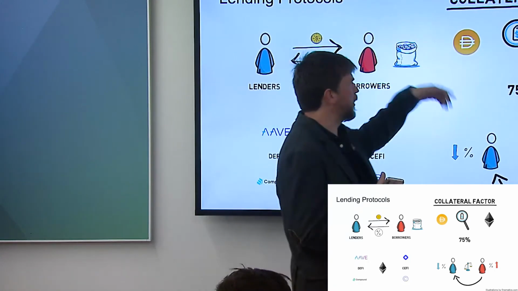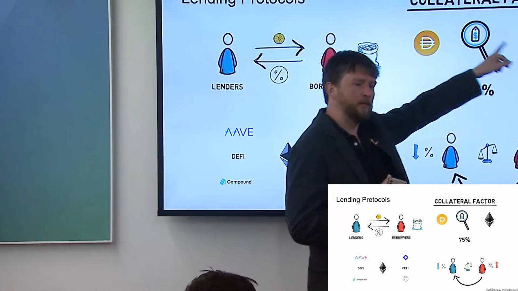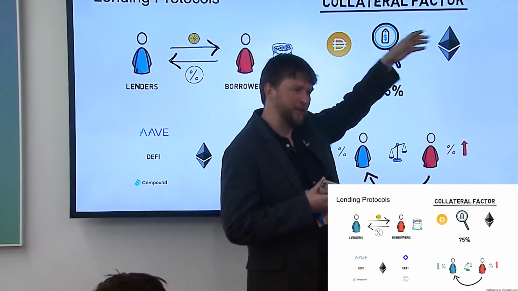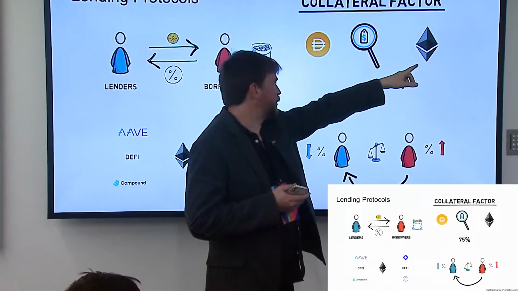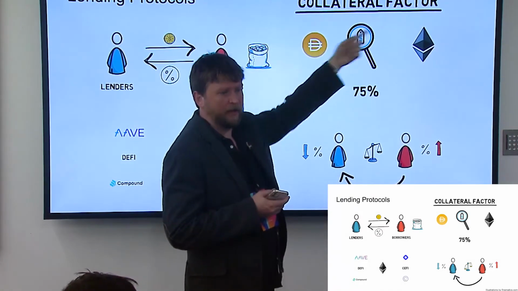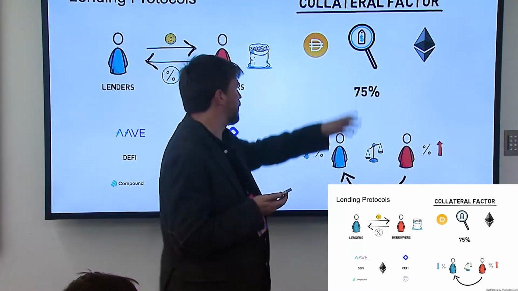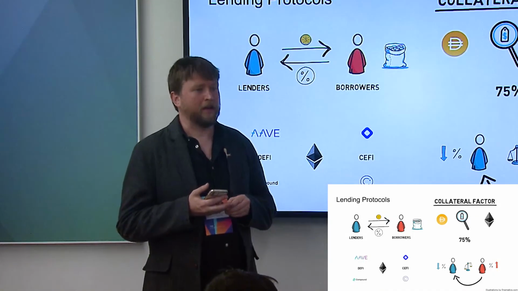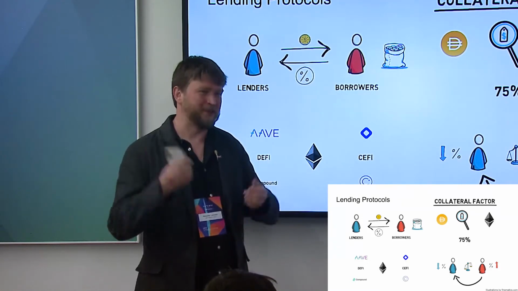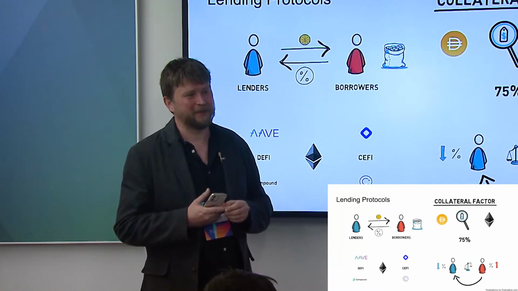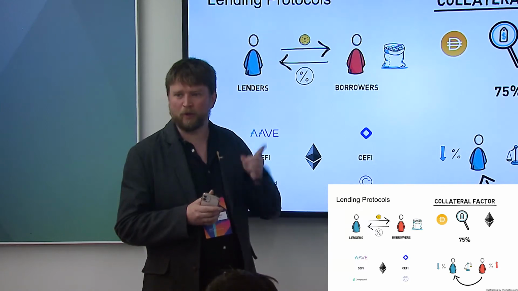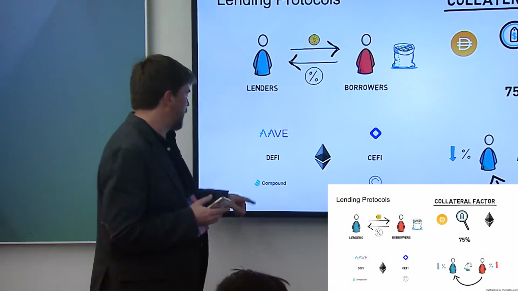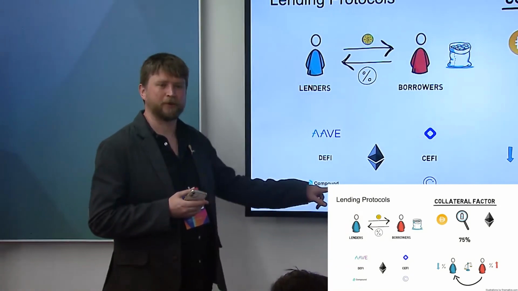So imagine you have one ETH, and the price of the ETH is, I don't know, $4,000. Used to be a long time ago. That means that you can borrow $3,000 against that ETH, 3,000 DAI in this case. You don't have to pay tax. Yeah, tax avoidance or optimization. That's one of the reasons as well. And there's one more that is very important. There's a hint in the name of this protocol.